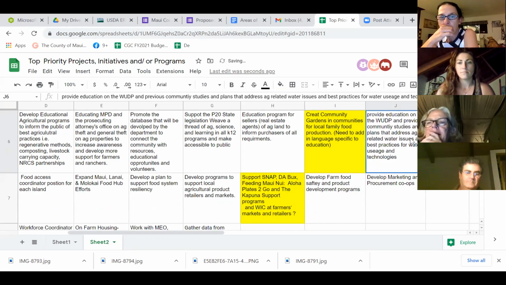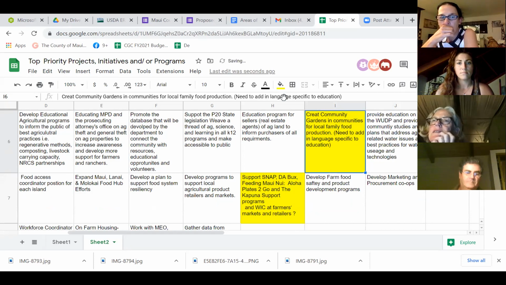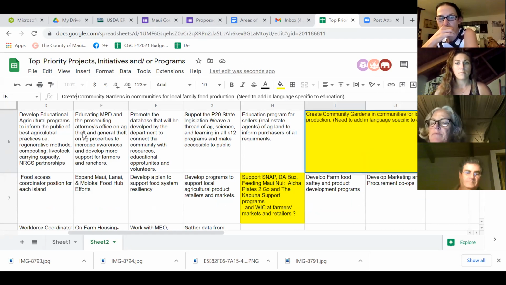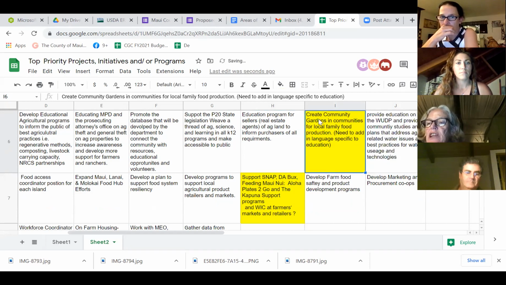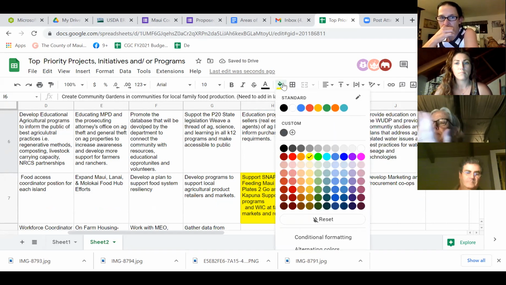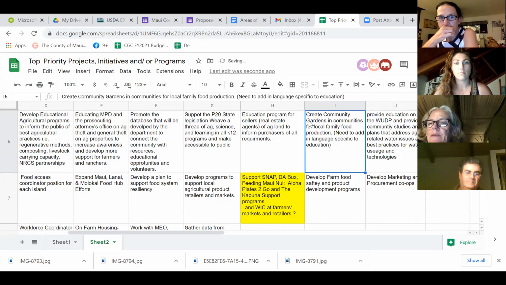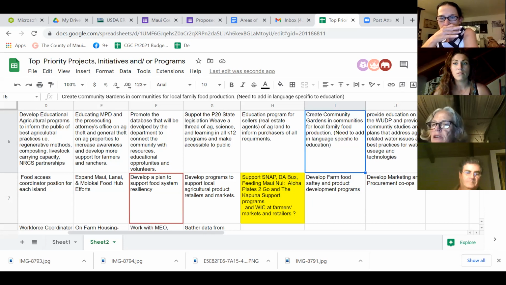Okay, I have a comment. What about throwing in something related to ag tourism as an educational component? What are we educating them on? What it takes to grow food here, and what they might like to learn about that.